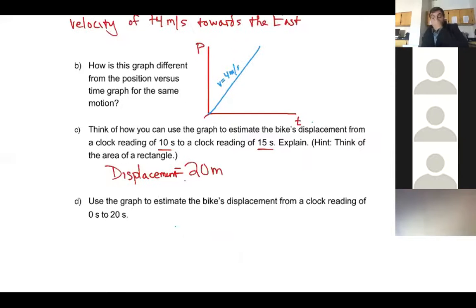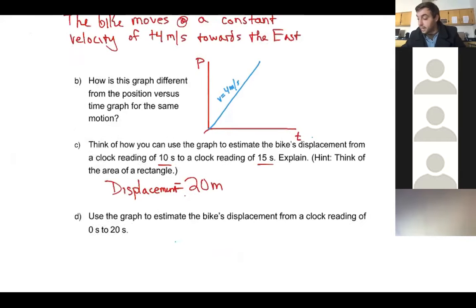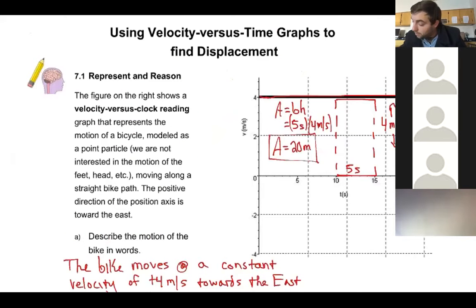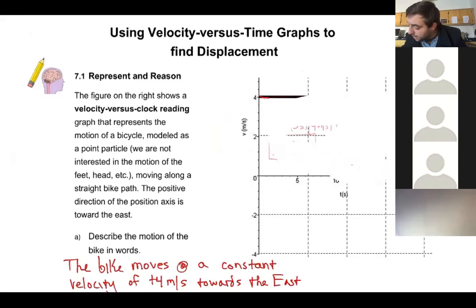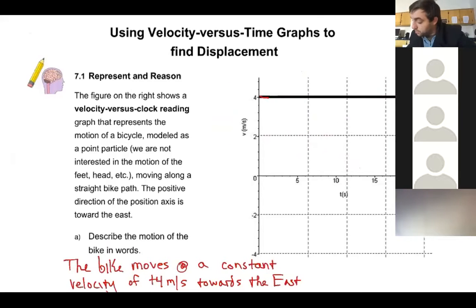Then I have used the graph to estimate the bike's displacement from a clock reading of 0 to 20 seconds. So what I would do, if I just erase this little guy here, is do the same thing, except take almost the entire section of the graph from 0 to 20 and up.